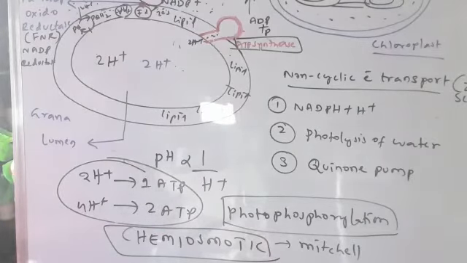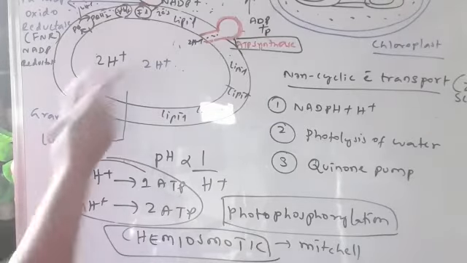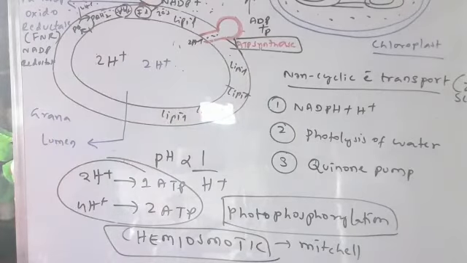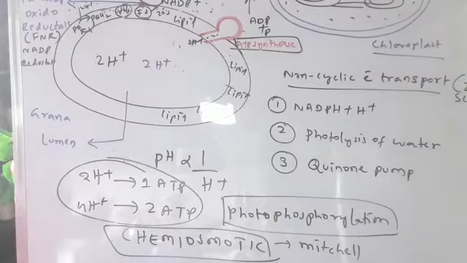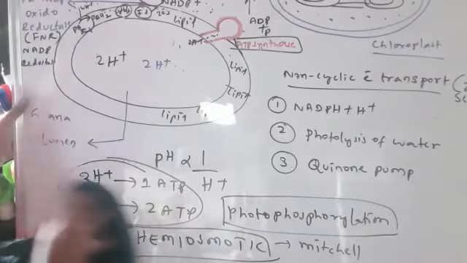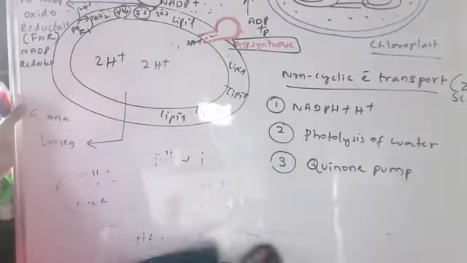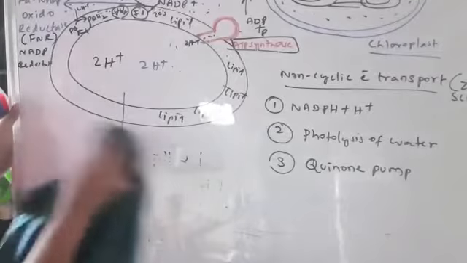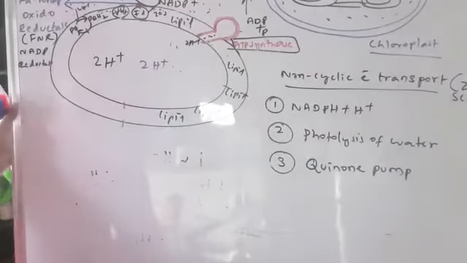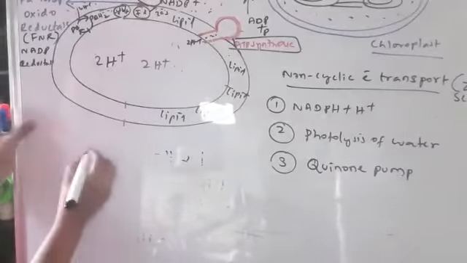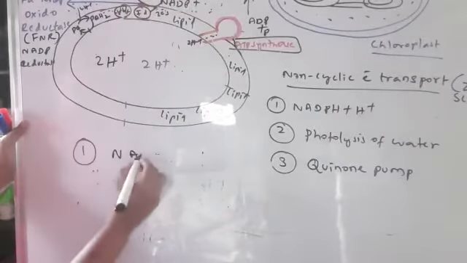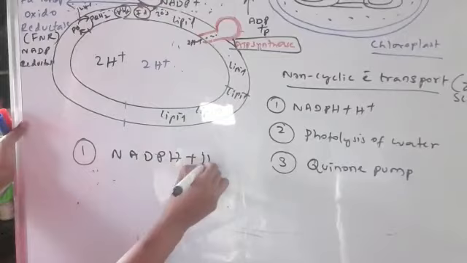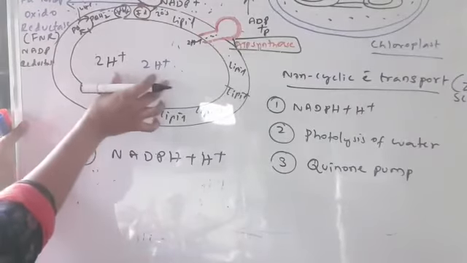And finally, after the total light reactions and even after phosphorylation, what is the output of non-cyclic electron transport? After all these procedures, the final output is 2 NADPH plus H+. Here 1 NADPH plus H+ has formed, and along with that 4 protons accumulated.